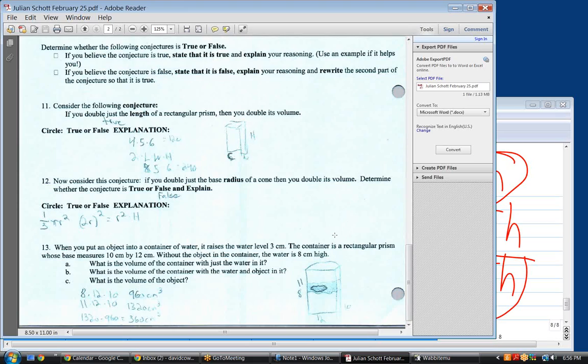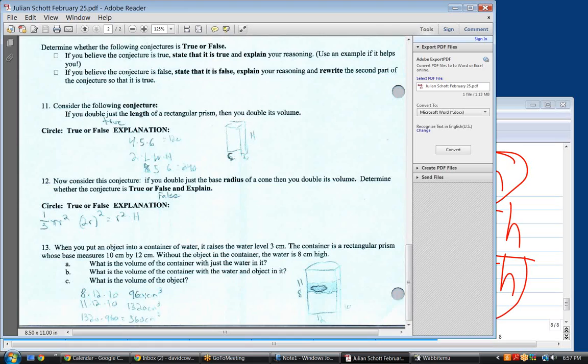It could be 25 inches high. Because all we know is that when there's 8 inches of water in it, and we put an object in and it causes it to rise 3 centimeters, that's all we know. We don't know anything about the height of the container. So the volume of the container with just the water in it, answer that, impossible to tell. That's the correct answer.